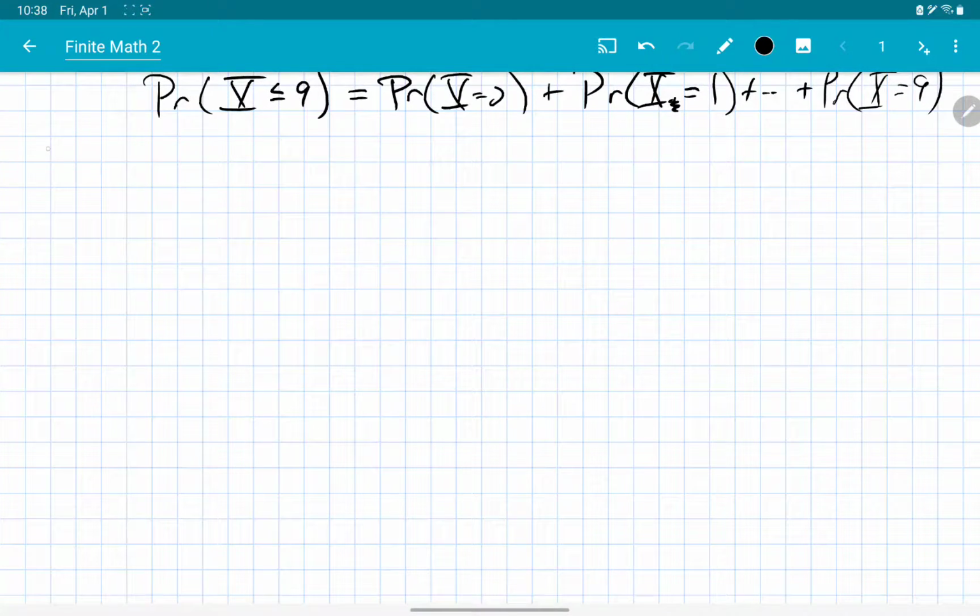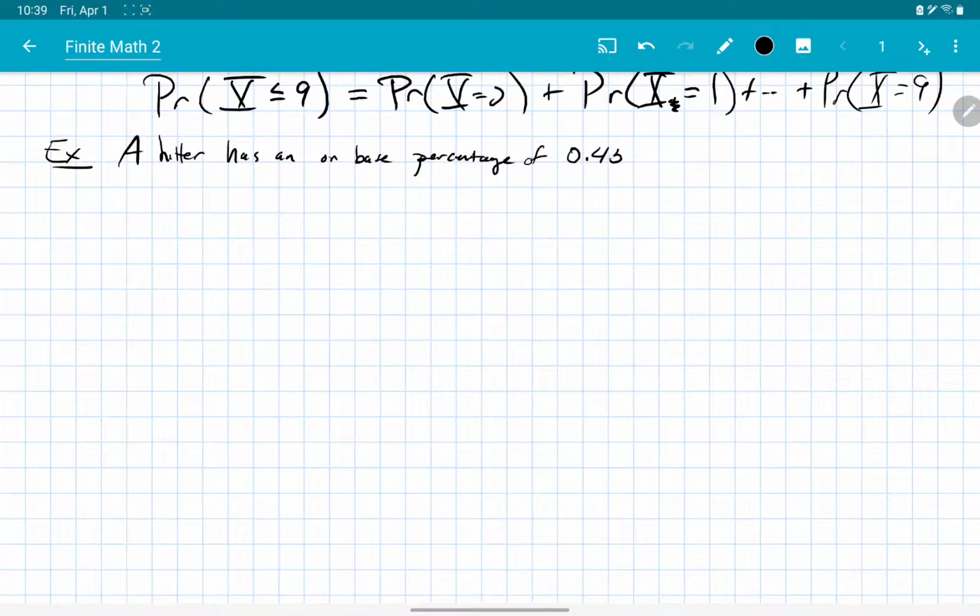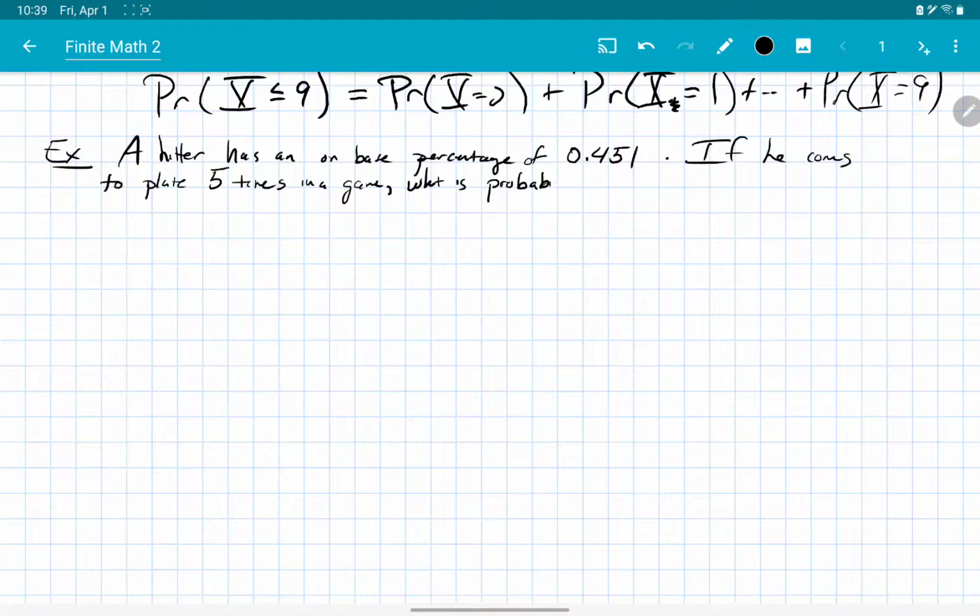Okay, here's another example. This is a baseball example. A hitter has an on-base percentage of 0.451. If he comes to the plate 5 times in a game, what is the probability he reaches base?